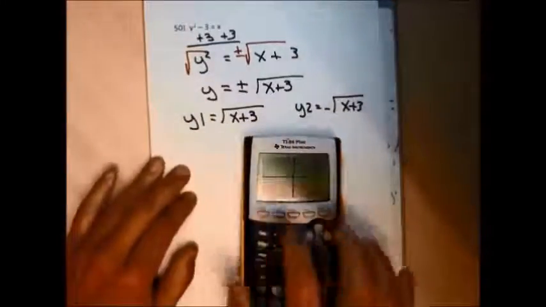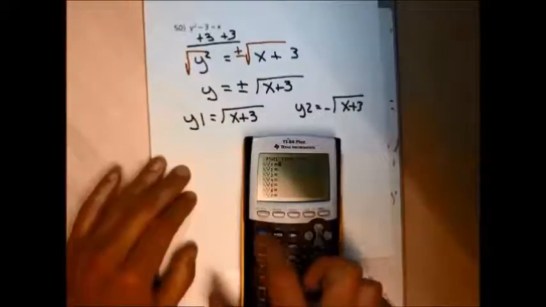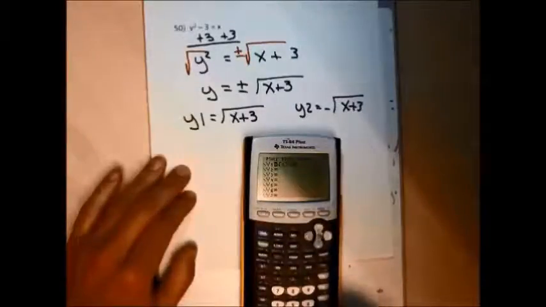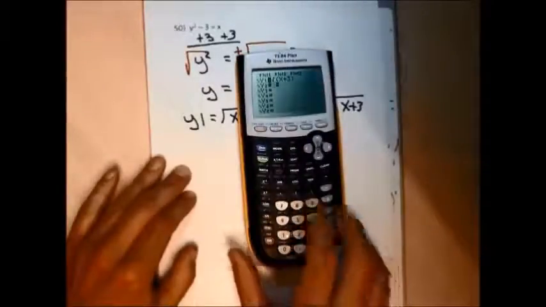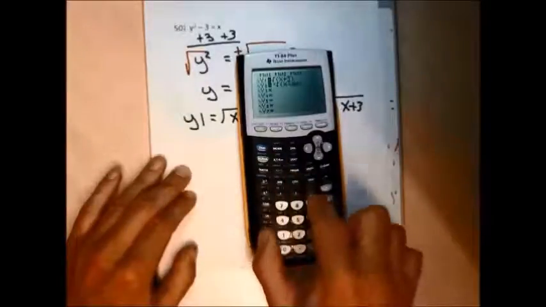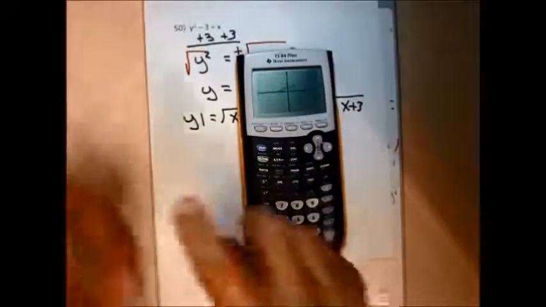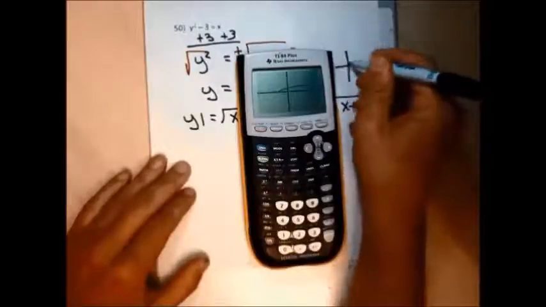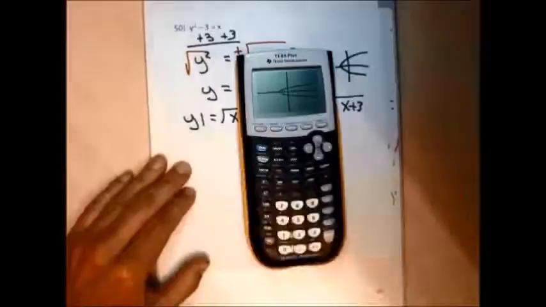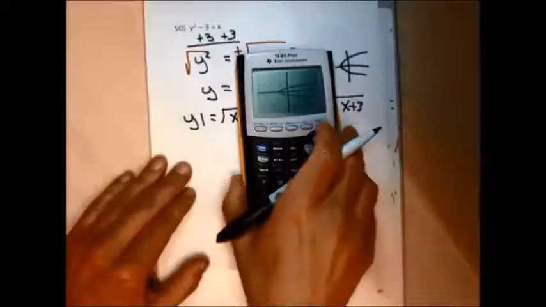So now I yank out my calculator, clear what's in there, second and x squared for square root, and then x plus 3, and then negative on the very bottom row of my calculator, and then second and x squared, and then x plus 3, hit my graph button, look at the graph, looks like that. That certainly looks like it has symmetry to the x-axis, so I'm going to do the appropriate test.